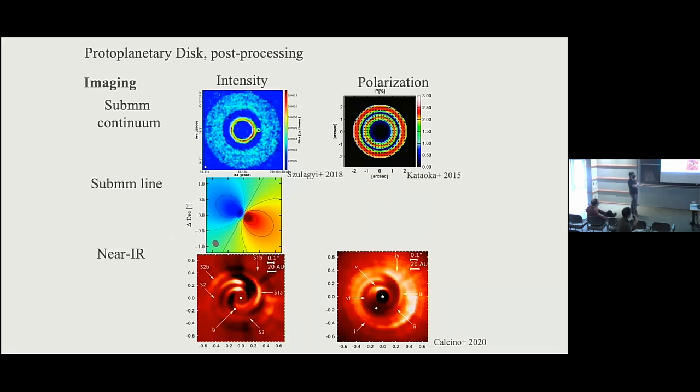So that's about the imaging. I don't know if Josh or Judith have more comments. No? Yeah, so this is what we do for protoplanetary disks, mainly compared with ALMA and ground-based 10-meter telescopes for imaging. Should I go to spectra?